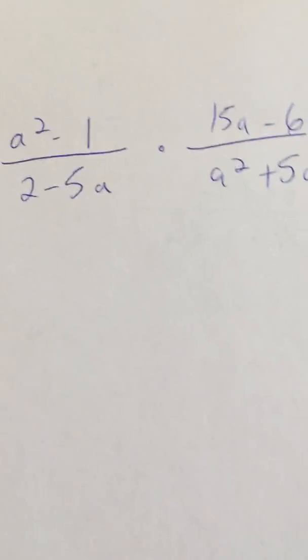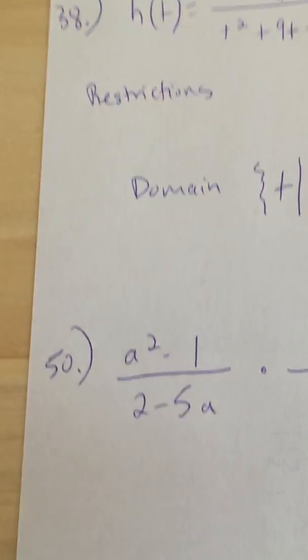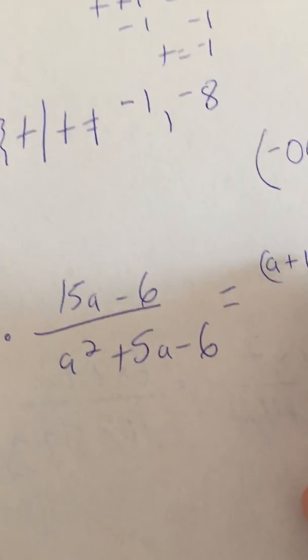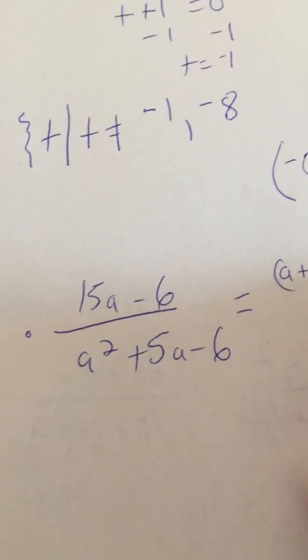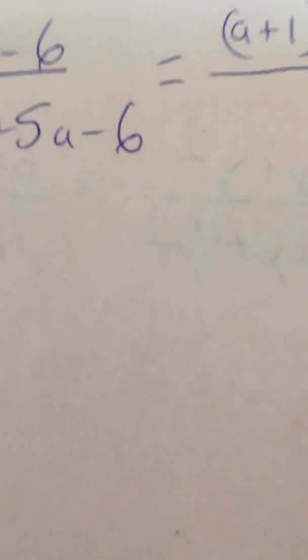Problem 50, I got some shenanigans to do. The first thing I'm going to do here is deal with this difference of squares. So a + 1, a - 1 over that, but I'm not going to deal with that quite yet. And then 15a - 6, I'm not going to deal with that quite yet.